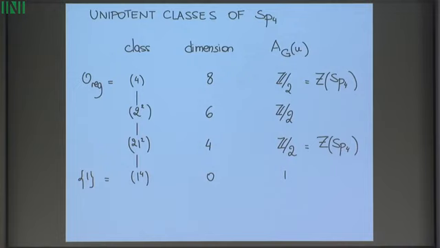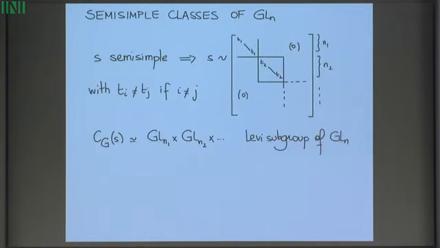All right. Maybe, before I continue, let me just say something. Maybe I'll give more details on the board, but that's what I said for GLN, for the reductive group GLN, the algebraic group GLN. Now, if you want to understand the classes of GLN over FQ, you cannot force all the eigenvalues to be in FQ.